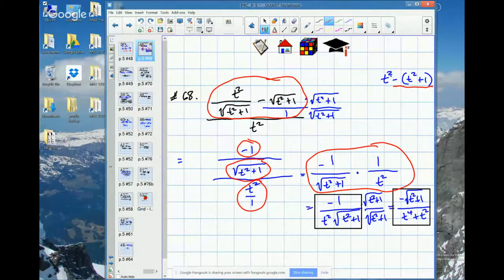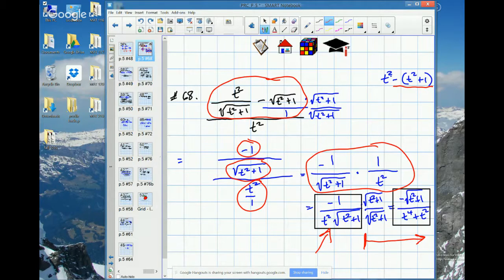So anyway, that's most of it. Now, how do you multiply fractions? Top times top, bottom times bottom. It's right here. And then the book usually doesn't want you to leave a root in the denominator. So what you're seeing me do from here on over is what they call rationalizing the denominator, multiplying top and bottom by the root.